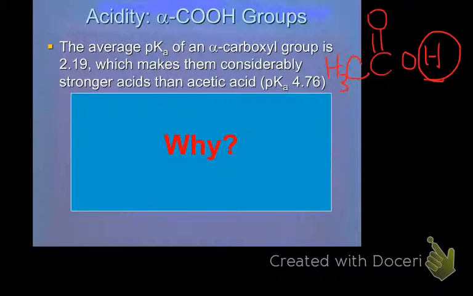So why is it that, it may not sound like a whole lot, being 2.5 pH units away, but remember this is a base 10, so that's more than 100-fold stronger acid than acetic acid. So what is it about an amino acid, when we draw it, remember it looks like this.